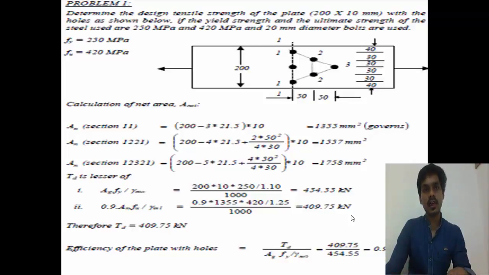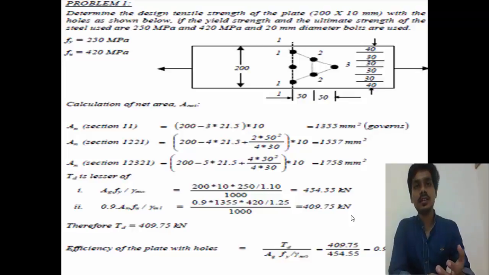These three cross sections are calculated below, where An for section 1-1 can be calculated as 200, the width of the plate, minus 3, the number of bolts, into the diameter, into the thickness, giving the value 1355 mm square. The same is done for section 2-2 as the second row, and An for section 3-3 denotes the third column, where Td should be the lesser value by comparing statement 1 and statement 2.